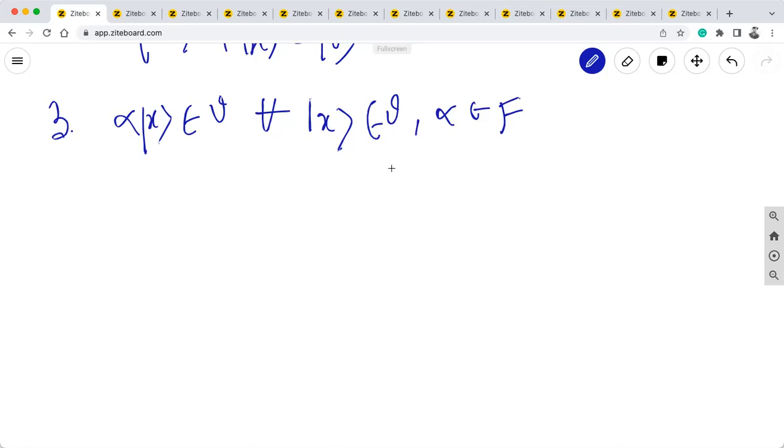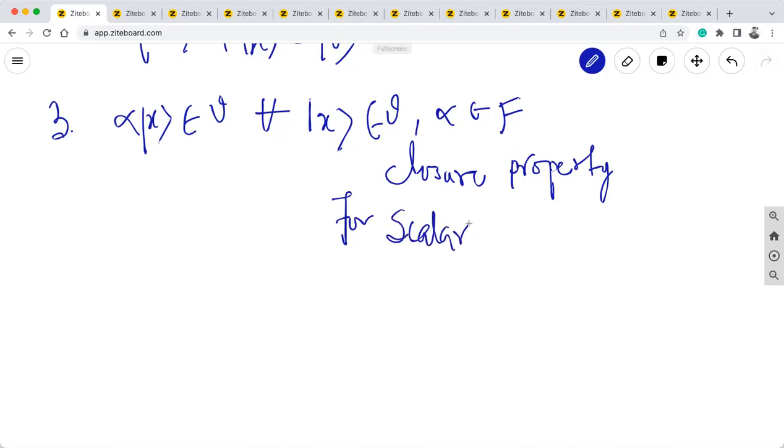This particular property is also known as the closure property for scalar multiplication.